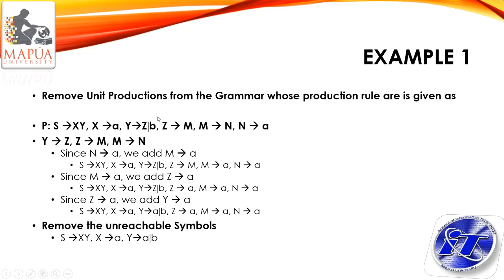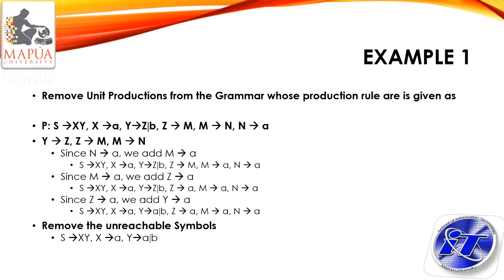Let's start with M maps to N. N is a non-terminal symbol that, based on the production rule, yields a. So it conforms to step 1.